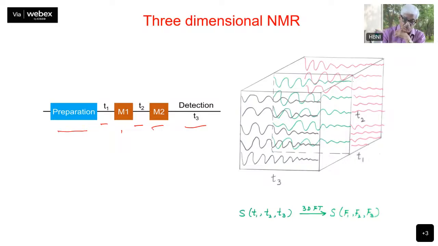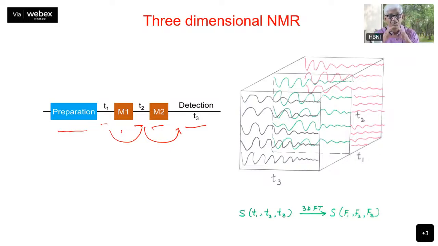Evolutions during T1 and T2 contribute to the detected signal, and the mixing periods transfer information between the connected time periods. M1 transfers information from T1 to T2, and M2 transfers information from T2 to T3. So whatever is transferred from T1 to T2 can get carried forward into T3.